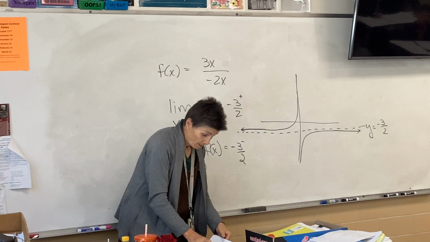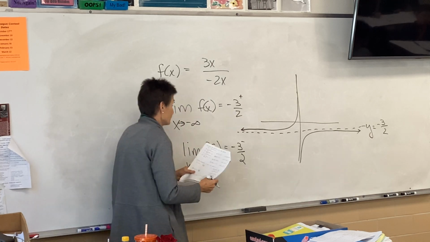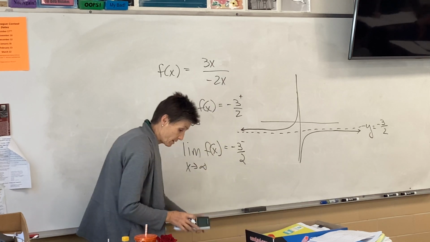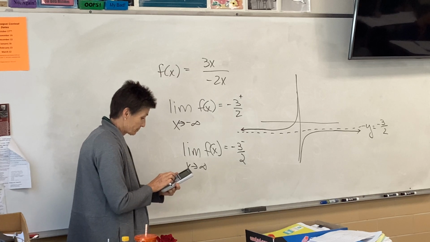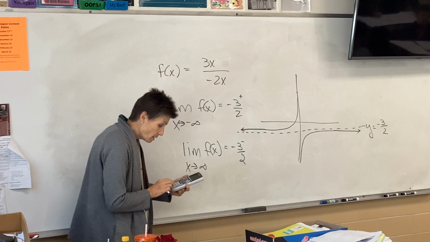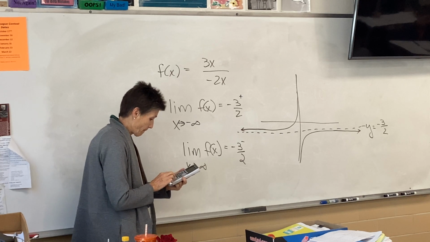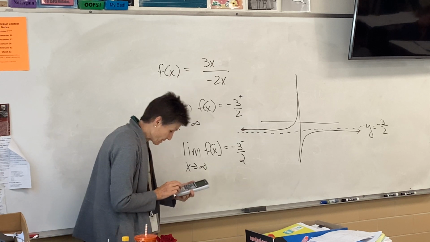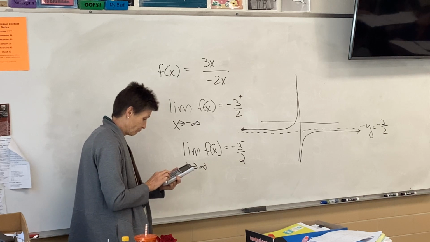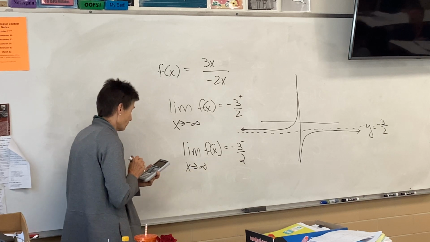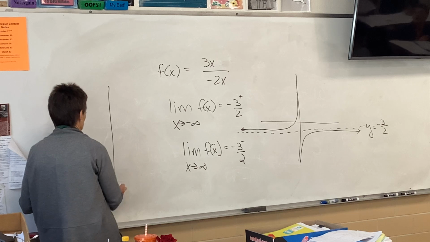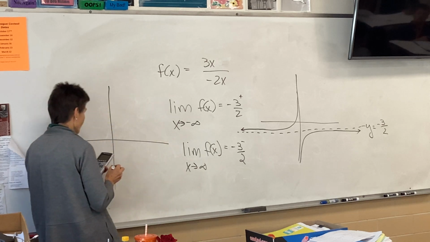Okay. Now, what about the second one? What does it look like when I graph it? 3x squared. Bless you.